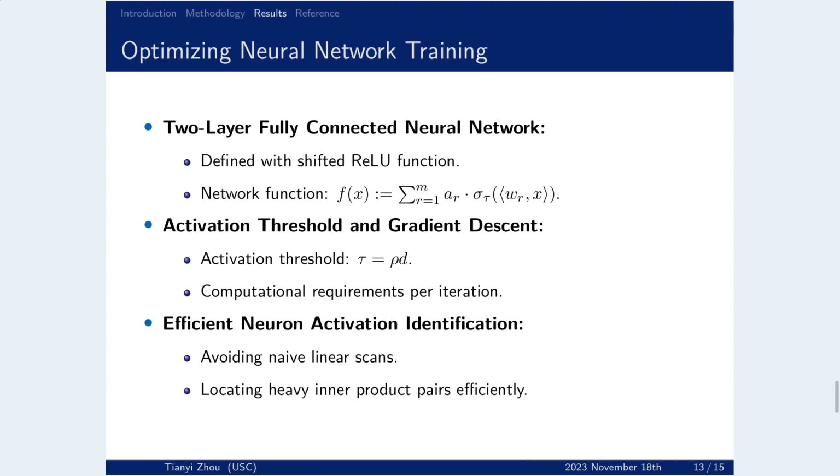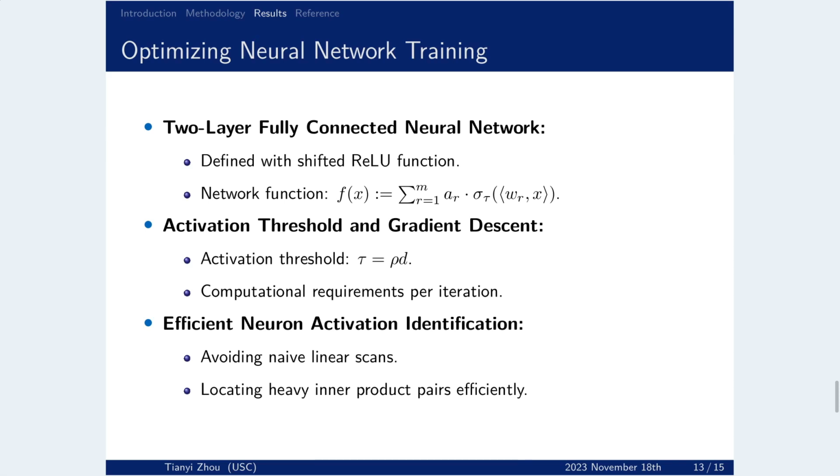One of the main challenges in training this network efficiently lies in the time complexity involved in computation. For each input vector x, we need to compute m inner products in d dimensions. This computational requirement leads to a natural barrier of m times d per training iteration.